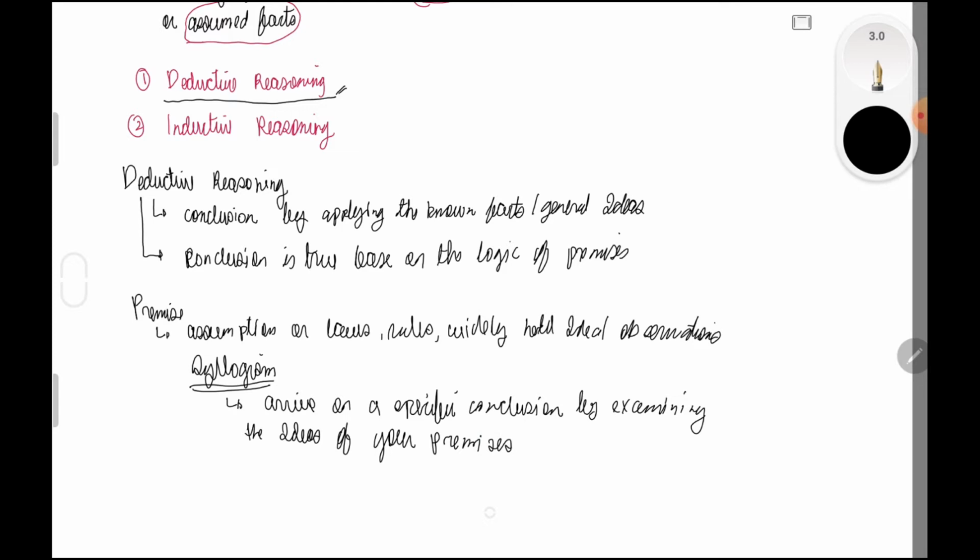So, through syllogism, ma-identify mo kung yung reasoning mo, yung deductive reasoning mo is true or false.